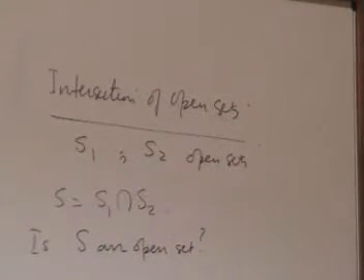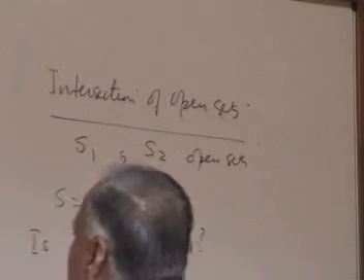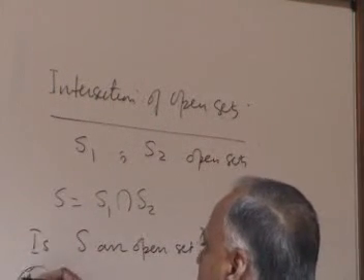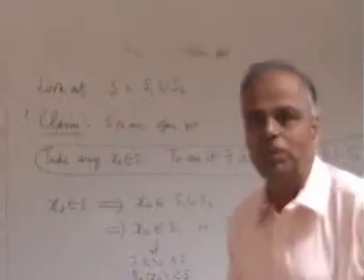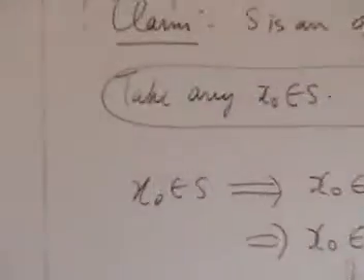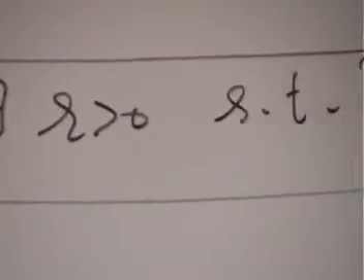For that, we have to see star again. Same question. Whenever you want to verify whether something is an open set, we want to verify whether there is a ball around that point. Take any arbitrary point, and find a ball around that point. Let's follow the same argument as before. Now see what happens.